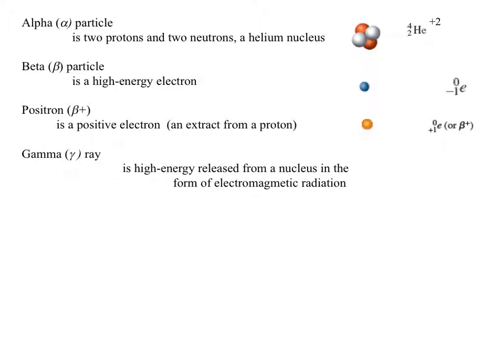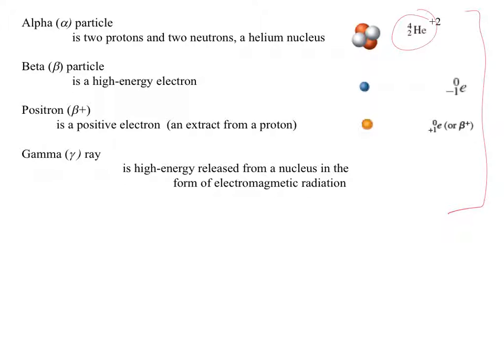Okay, so that radiation that I just talked about being emitted from an unstable nuclei, well, when we talk about radioactive particles being emitted, here's what your choices are. We've got an alpha particle, which just so happens to match what a helium atom looks like.